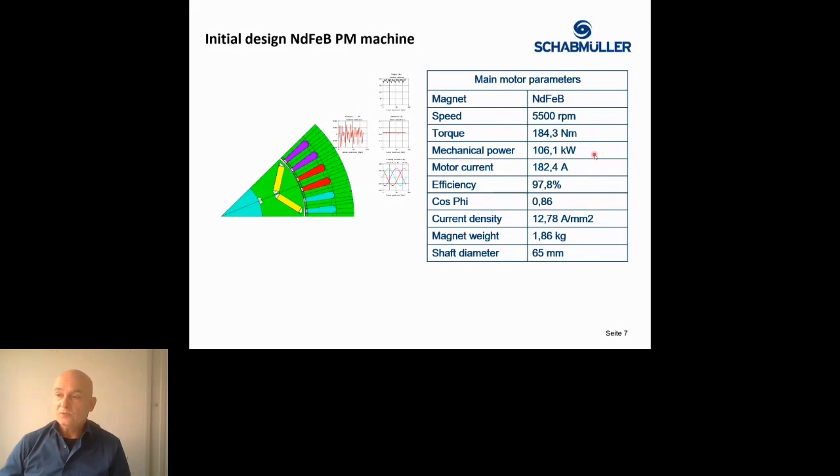The power output related to the torque, the motor current, the efficiency, the power factor, and the current density. And we also look at the magnet weight used and the shaft diameter, which I will explain a little bit later is an important thing to know.